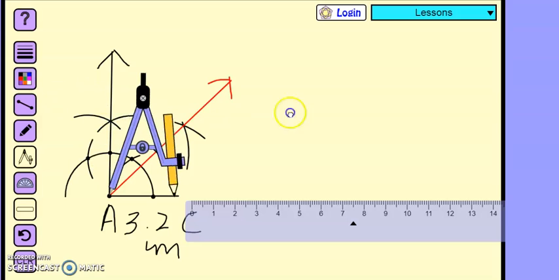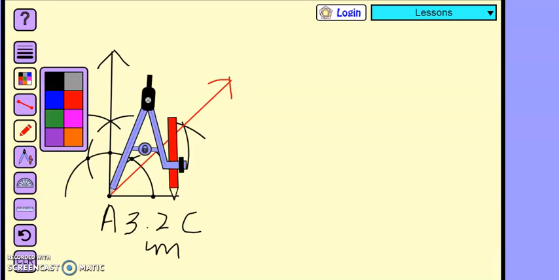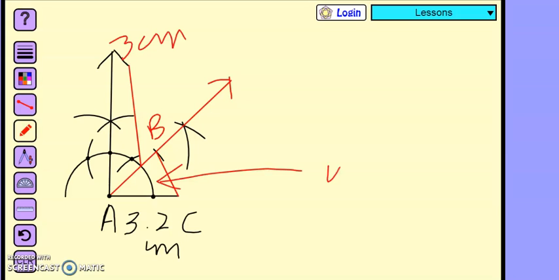Okay, so in this way you got your point B. So this is your point B, and now you will join this point with the C point. Okay, so AB is of measure 3 centimeter, and this angle is of 45 degree.